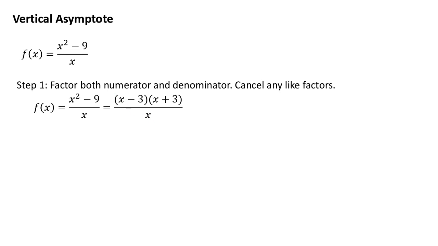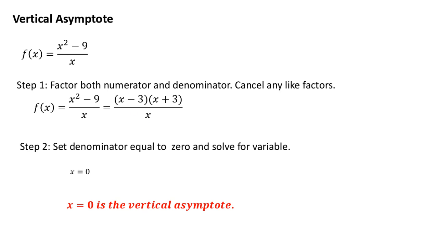So I cannot separate that x. If I had x minus 3 here, then I could cancel the whole thing out, but not just the x by itself. Okay, so I cannot cancel anything out. So I set my denominator equal to 0. And so x equals 0 is my vertical asymptote.